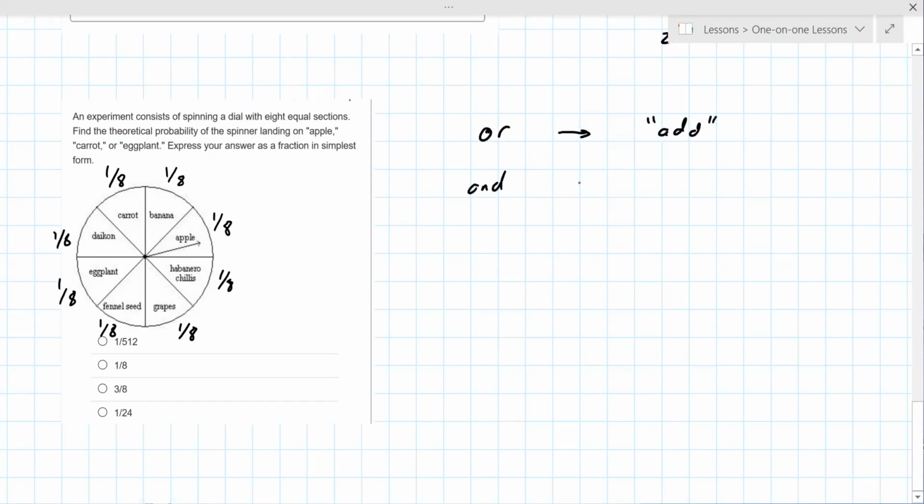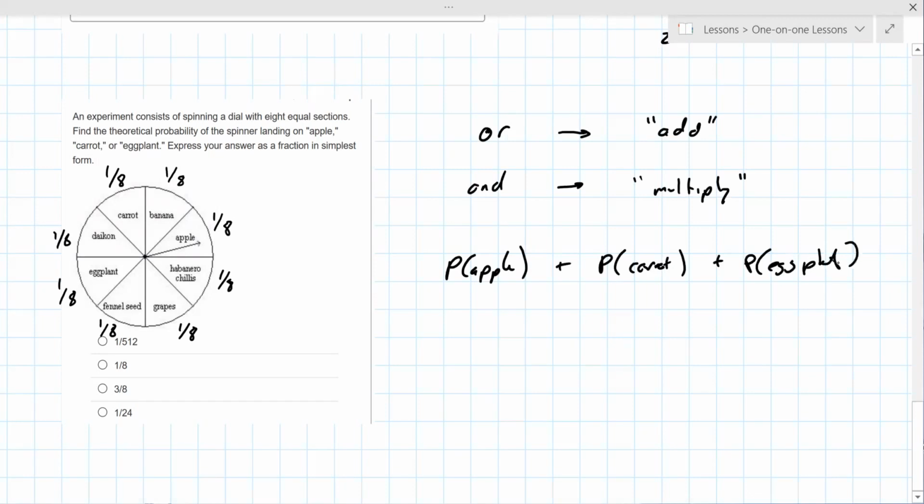And whenever you see the word and, you generally want to think multiply. These are general rules. Sometimes there are exceptions. So the probability of apple plus the probability of carrot plus the probability of eggplant. What's the probability of apple? 1/8. How about carrot? 1/8 plus 1/8 plus 1/8, and you get 3/8. Good.